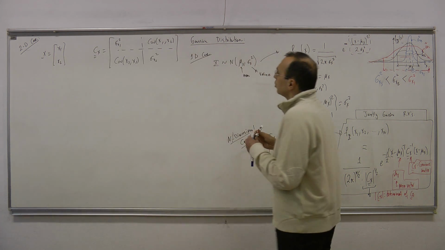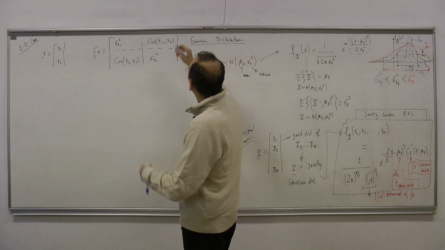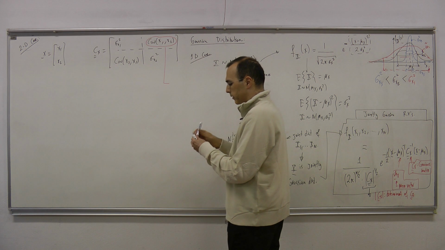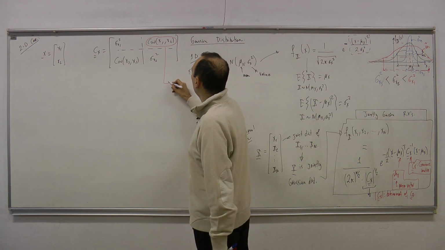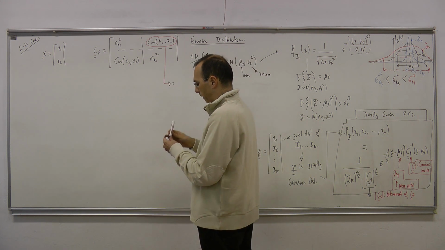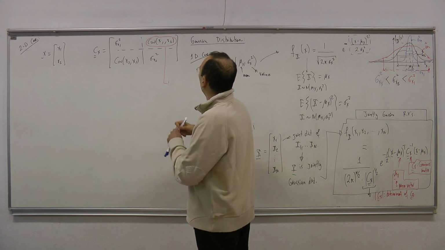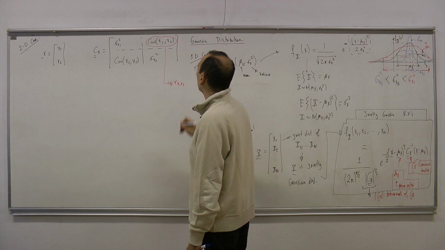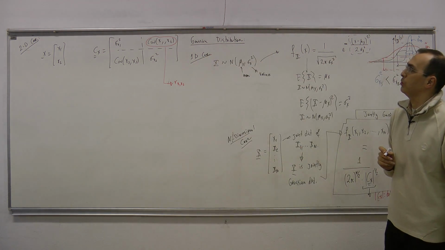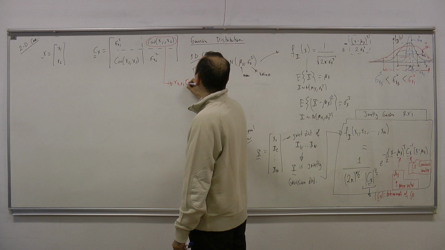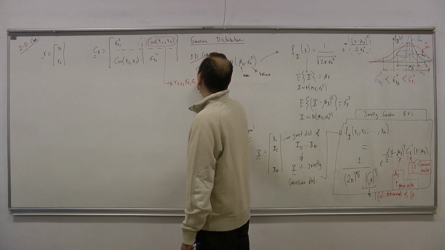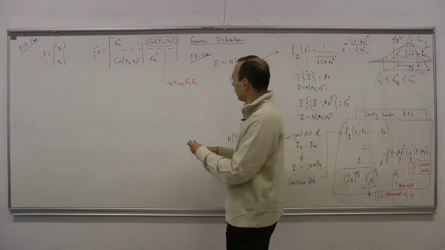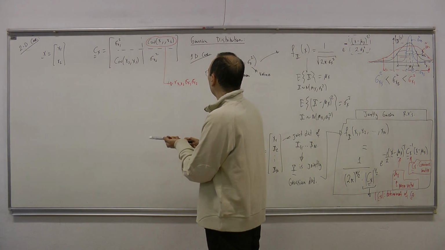Okay. So instead of this one, what can I write? I can write from our earlier discussion. Well, I can write the correlation coefficient. Okay. I can write Rx1, x2, correlation coefficient of x1 and x2 times sigma x1, sigma x2. Okay. Well, the reason is, this is the correlation coefficient.